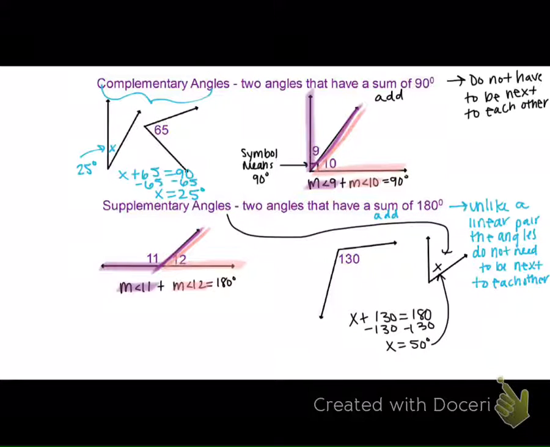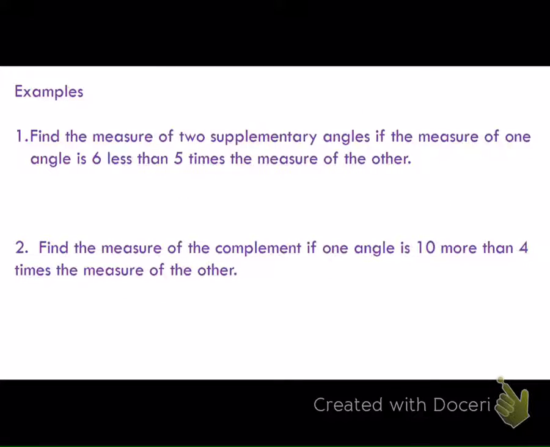Okay. So this says find the measure of 2 supplementary angles if the measure of one angle is 6 less than 5 times the measure of the other. So what do we know about supplementary angles? Landon? They are always 180 degrees. They add to 180 degrees. So we have 2 angles that are going to be adding to 180 degrees, so we have to figure out what those are.